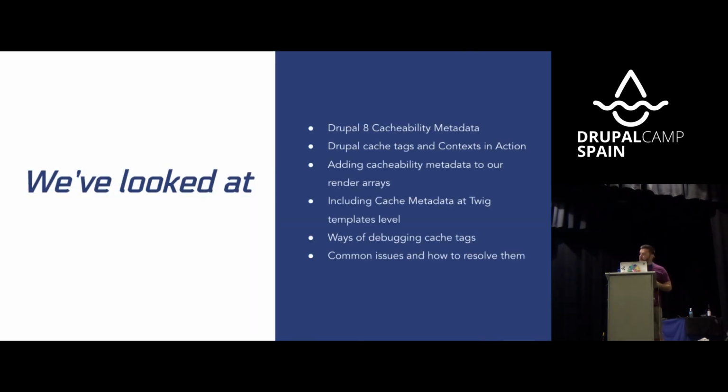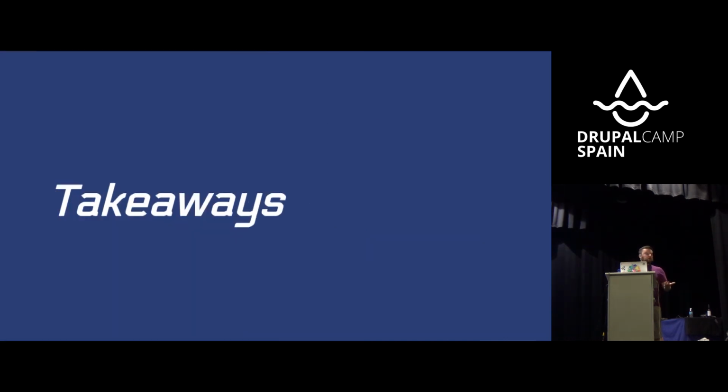So to recap, we looked at the cacheability metadata, cache context, tags. We looked at how to add it to our render arrays, with templates and PHP code, and how to debug some of those things. And if you would take away anything from this presentation, here are probably the 4 most important points.